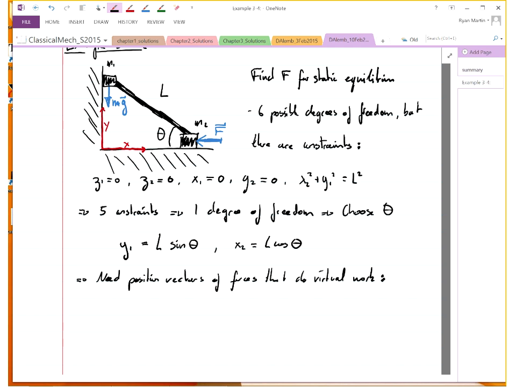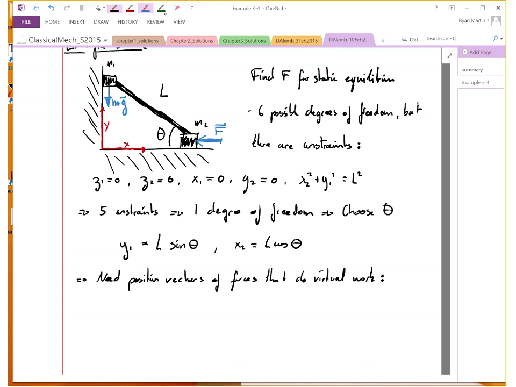And the weight of M2 can't do any work because it's perpendicular to the surface of the x-axis. Okay, so the forces drawn in blue are the only two forces that can do virtual work.